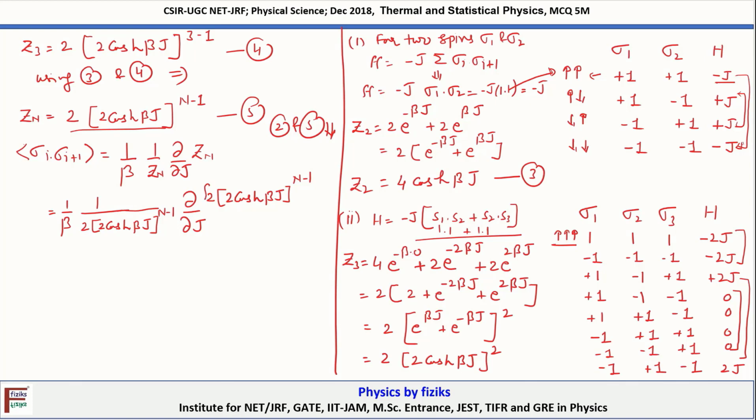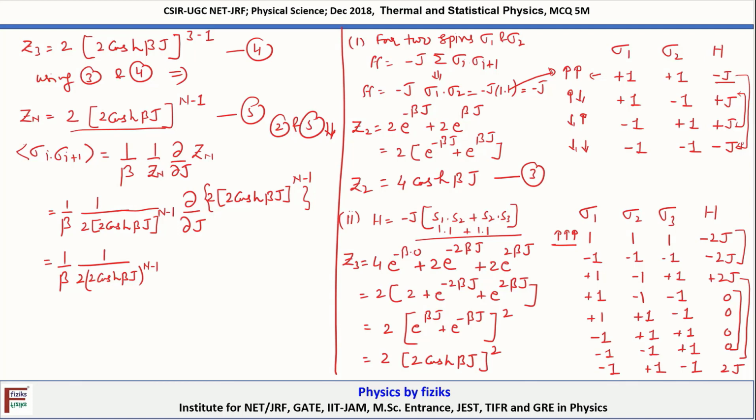Now we have to differentiate this result, and then we are almost close to our final result. 1 upon beta and then 1 upon 2 into (2 cosh beta J) to the power n minus 1 and then its differential.